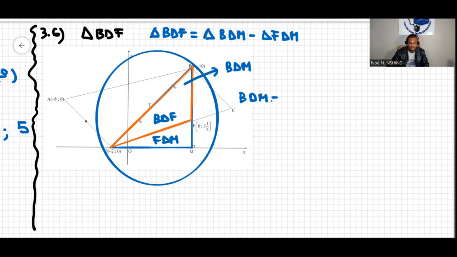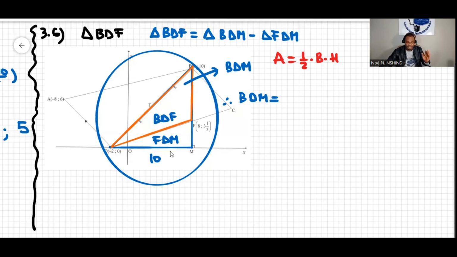Now let's do BDM. The area of a triangle is given by a half times base times height. So the base of BDM is 10 units, because over here it's -2, and there it's 8. From -2 to 8, it's 10 units. You can count with me: -1, and then 0, 2 units here, and then from 0 to 8 units.